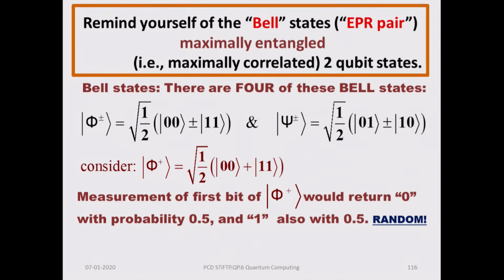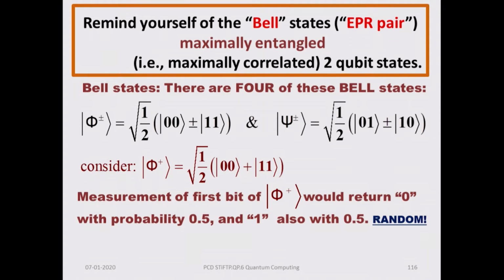So the chance that a measurement will return the value 0 is only 0.5. The chance that it will return a value 1 is also 0.5. So the opposite outcomes, 0 and 1, have equal probability. It is very random.